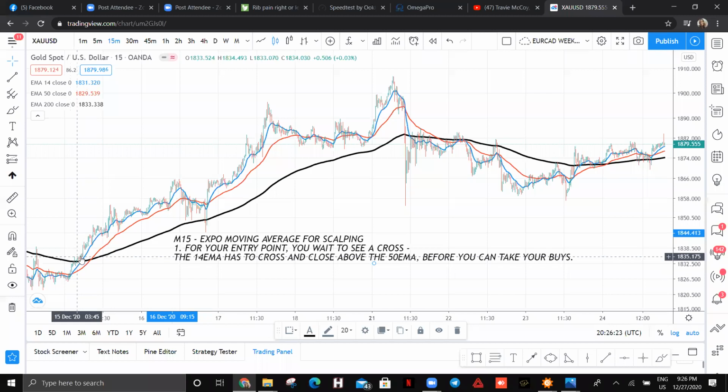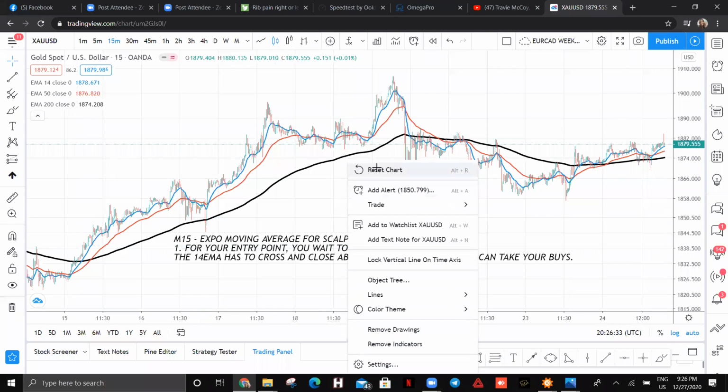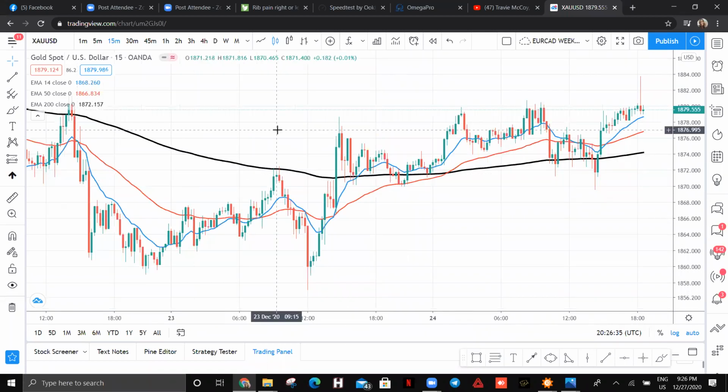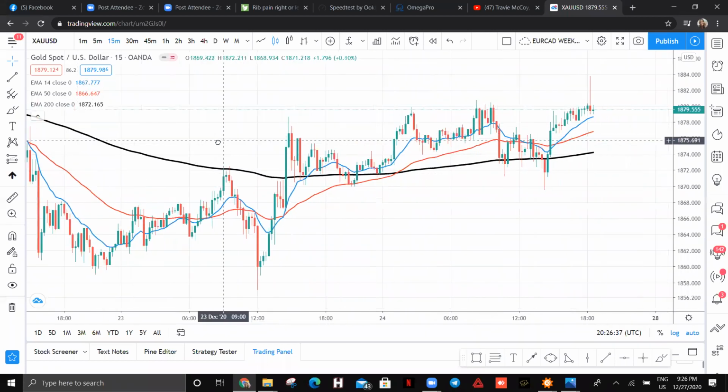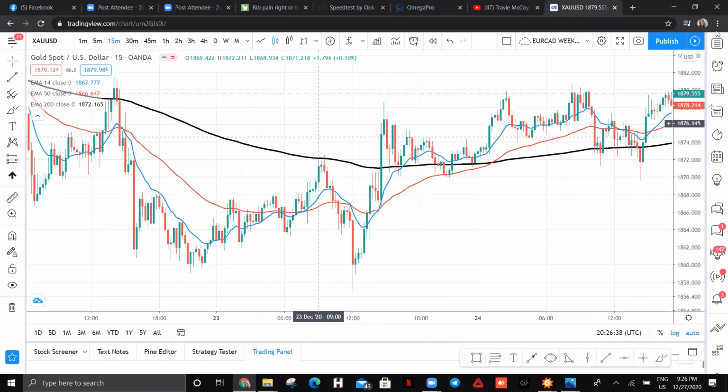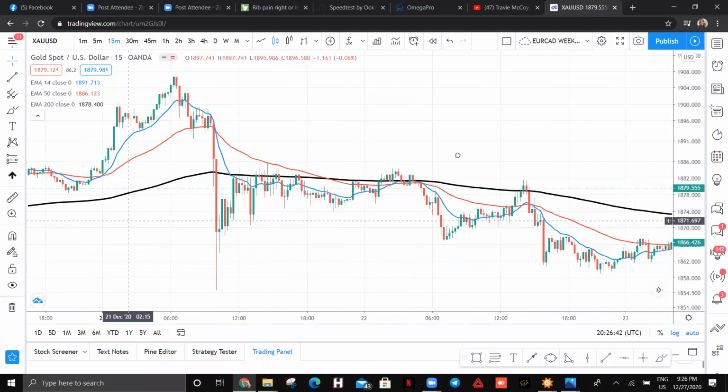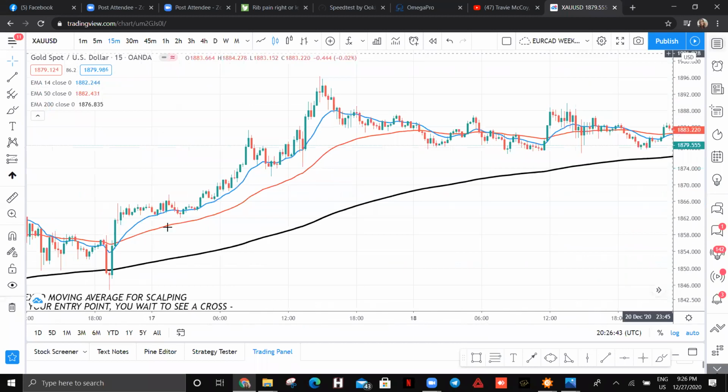Look at my left here. Let me start with this crossing, before you can take a buy. Let me use this past to show you an example.